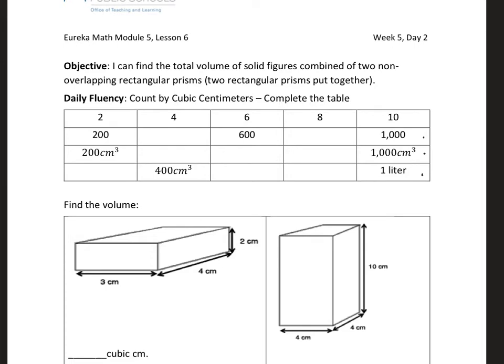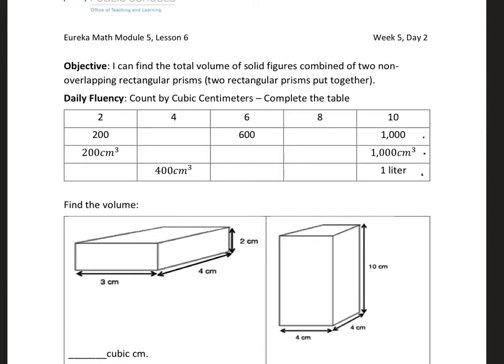Okay, so we have 200 cubic centimeters, and I also know that is the same as 200 milliliters.